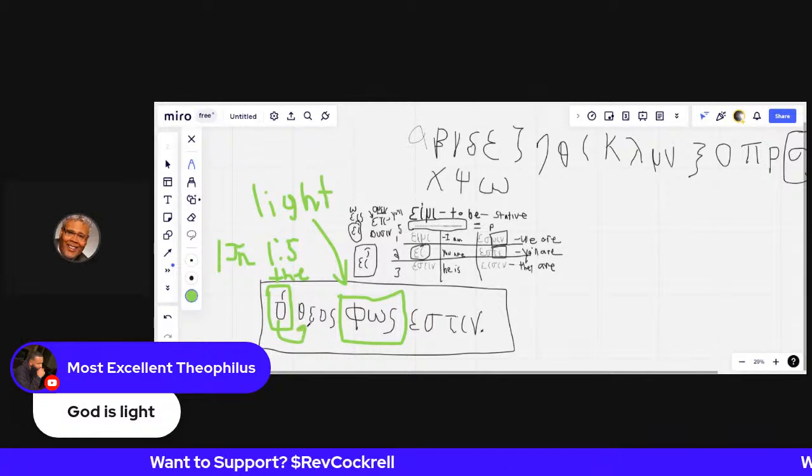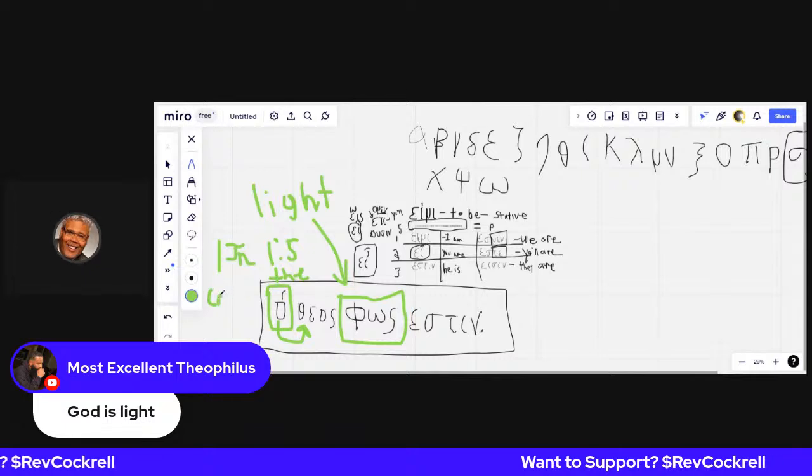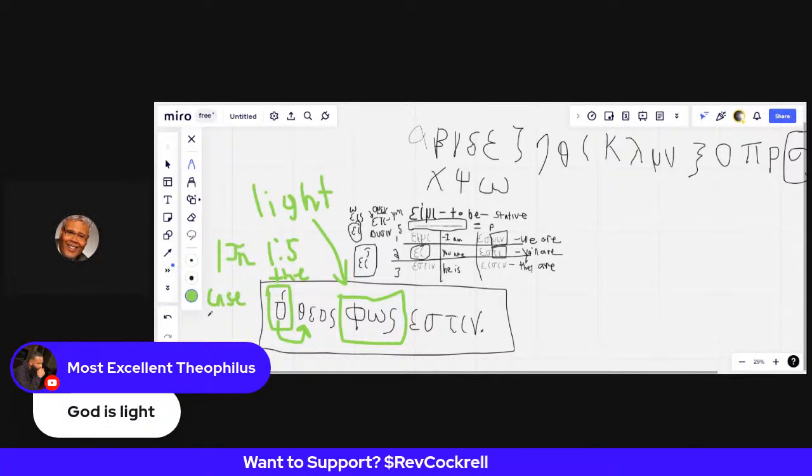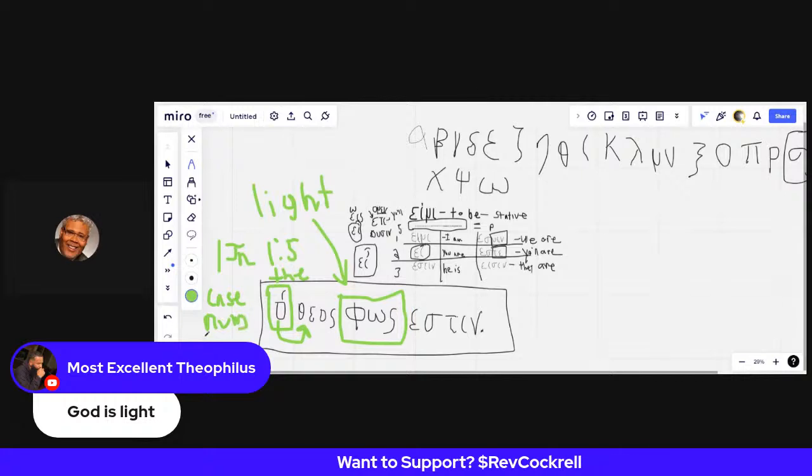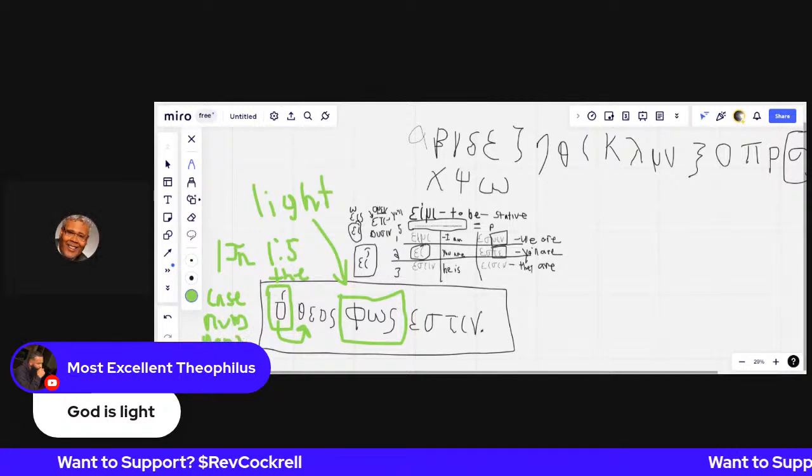It's going to match it in case, gender and number. Case, number, gender is always going to match. Don't worry about this. We'll get to this when we get to it.